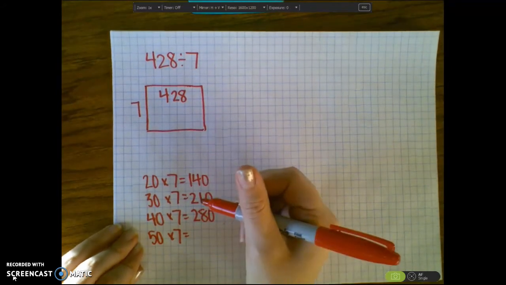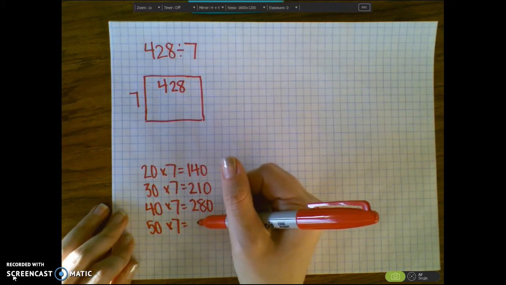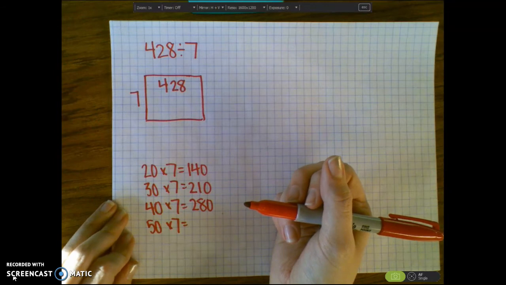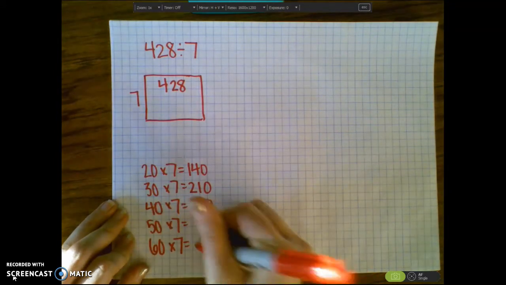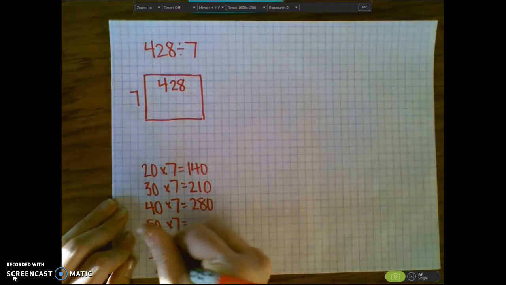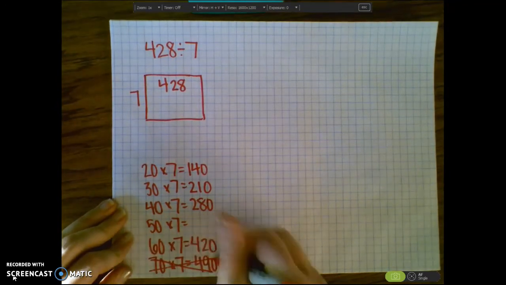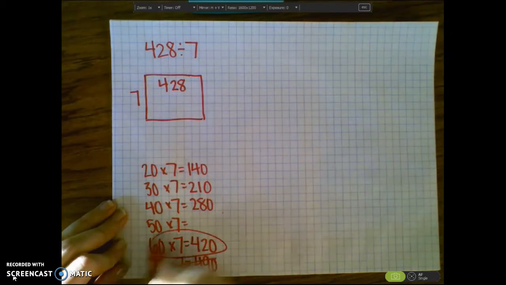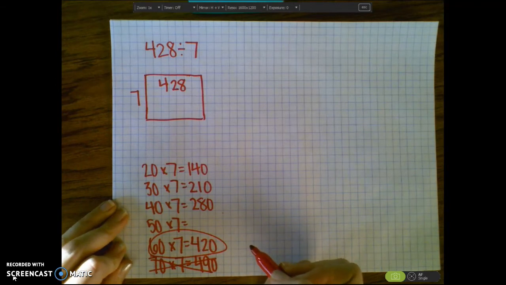You're going to keep multiplying until you are as close as you can get without going over, or you go over. So, for the sake of time, I know that 60 times 7 is 420. If you were to keep going, you would get to 70 times 7, 490. That's too much. So 60 groups of 7 is as close as I can get without going over 428.